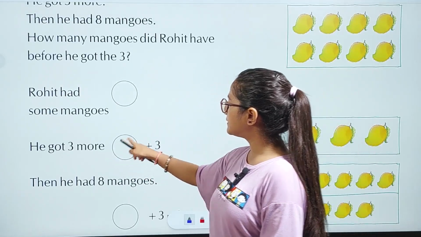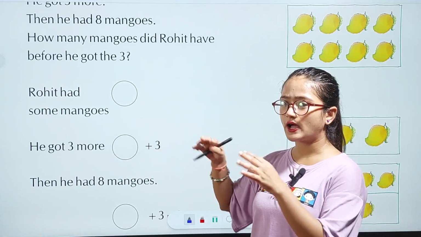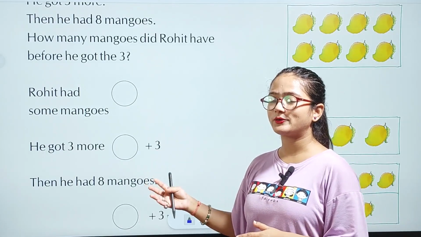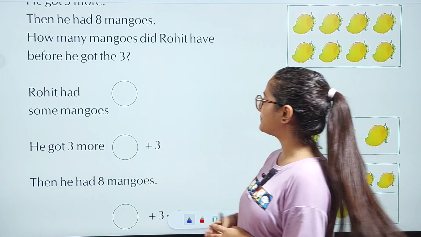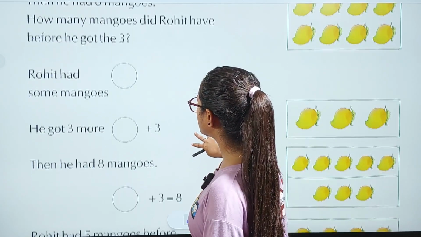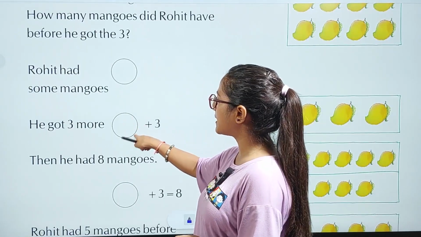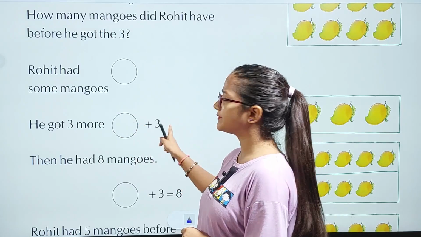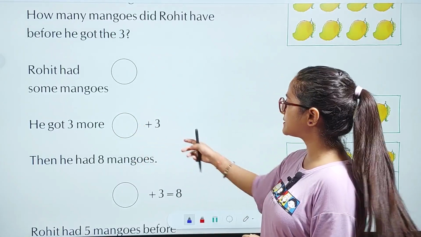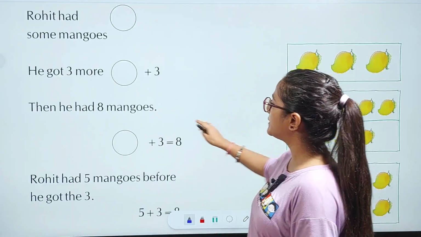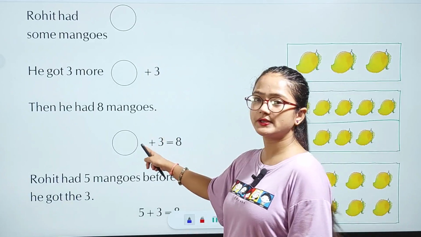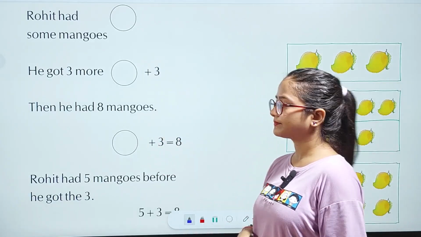Just imagine that this is blank and add 3 with it. Plus 3, as you can see over here also. Then he had 8 mangoes, so that means this number plus 3 equals 8.